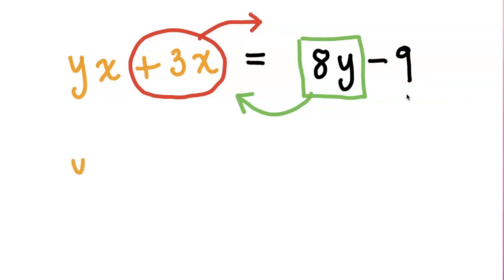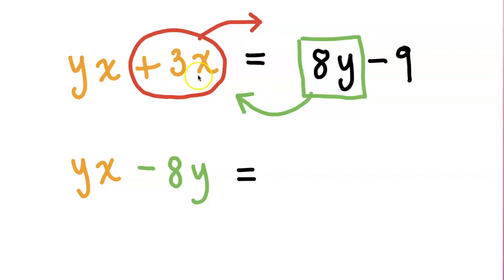This yx remains the same, okay? This 8y used to be positive, but when I move it to the left, this is now negative. Okay, draw the equal sign.